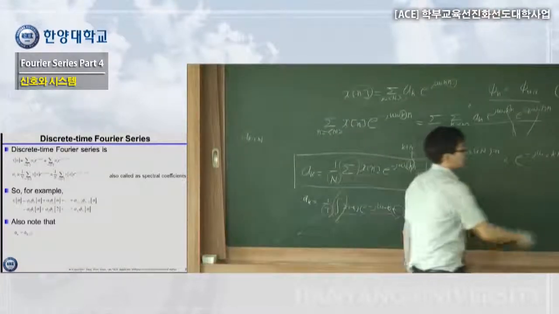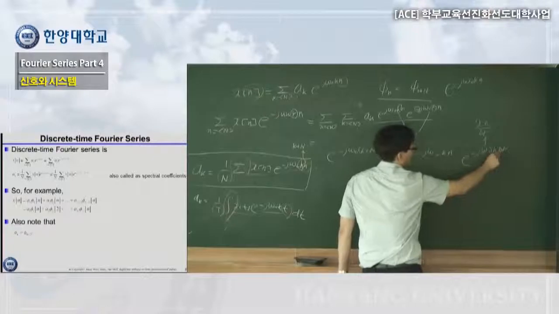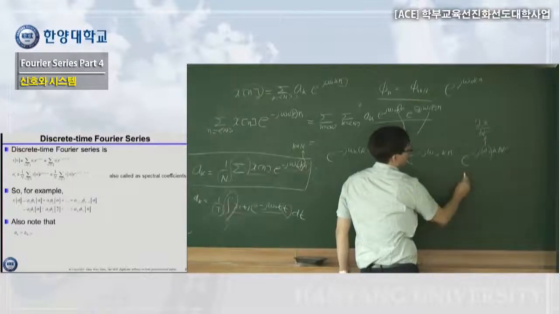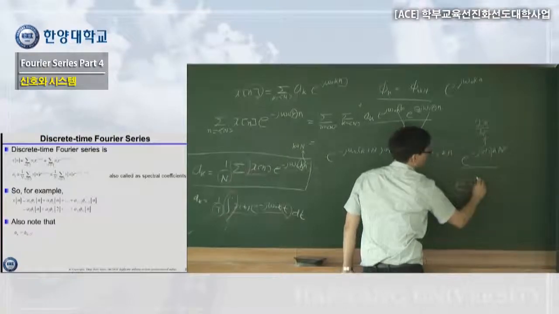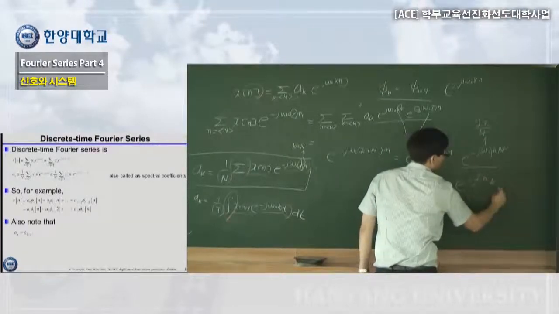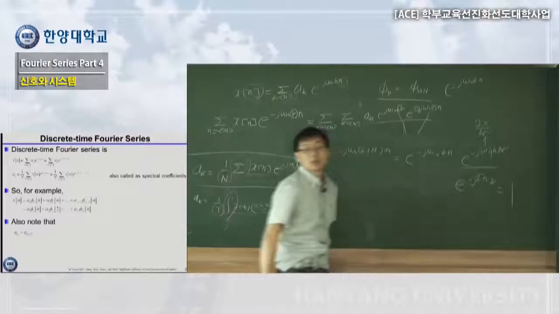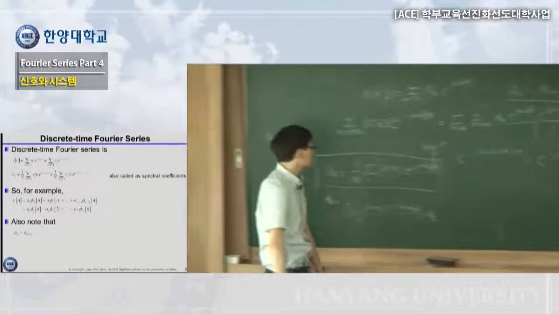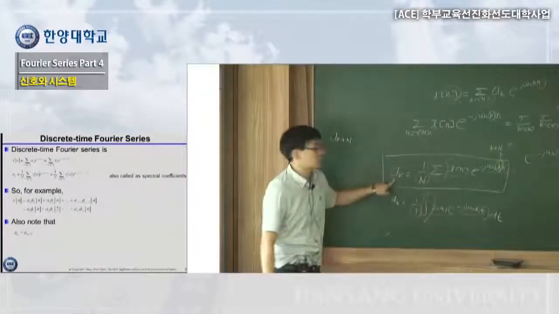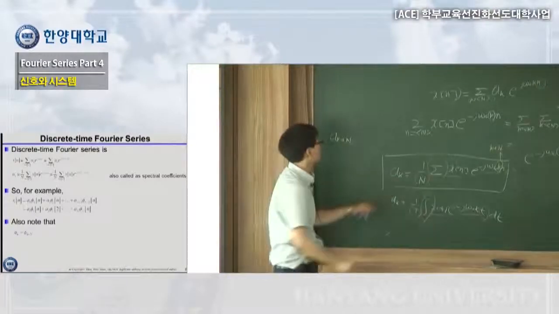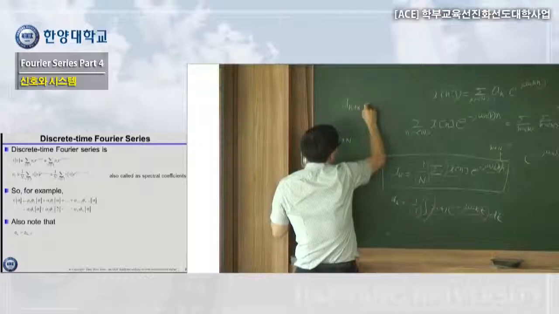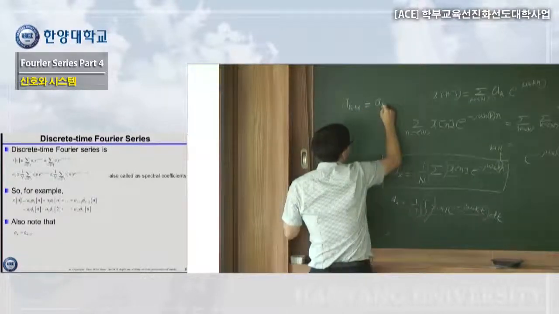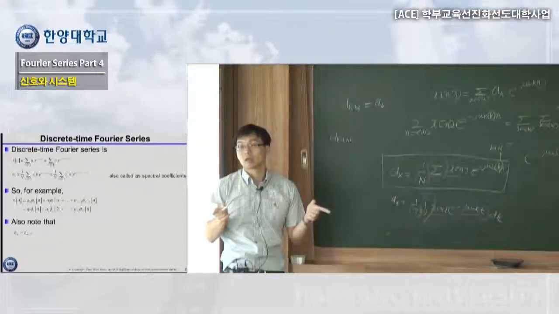So this N will cancel out, similar to here. So this whole factor becomes e to the j 2 pi k, which is 1. So in short, this one and this one were the same, meaning that even the coefficient is repeating with period N.